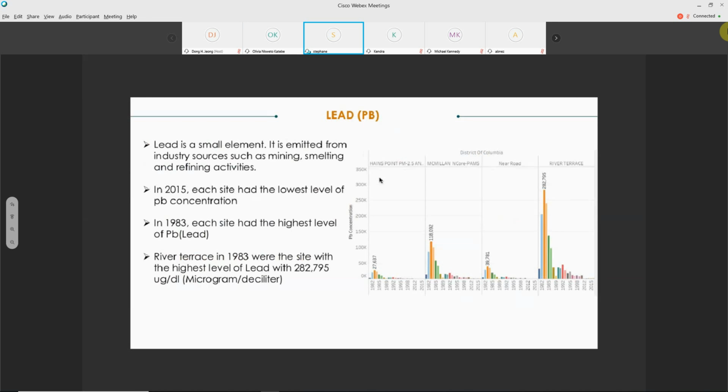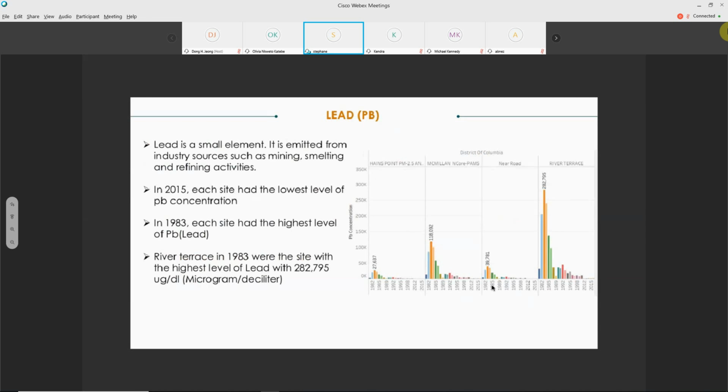So in 2015, each site had the lowest level of Pb concentration. Like we can see on this picture, 2015 is lowest. In 1983, each site had the highest level of Pb. In 1983, in McLean, the highest was 180.